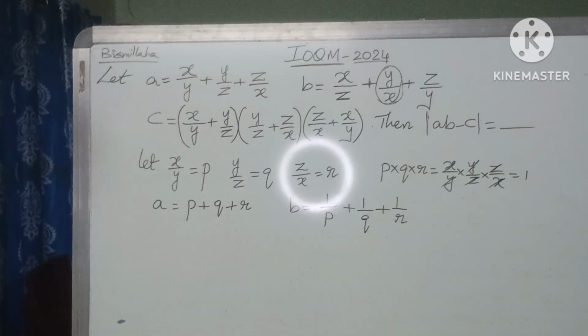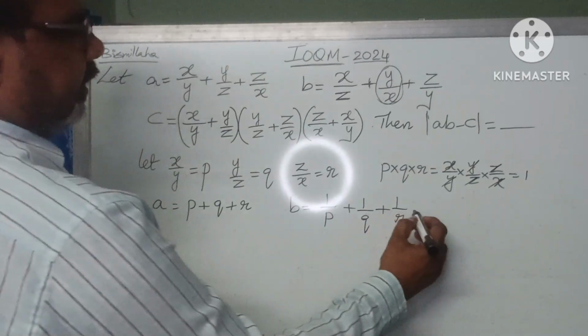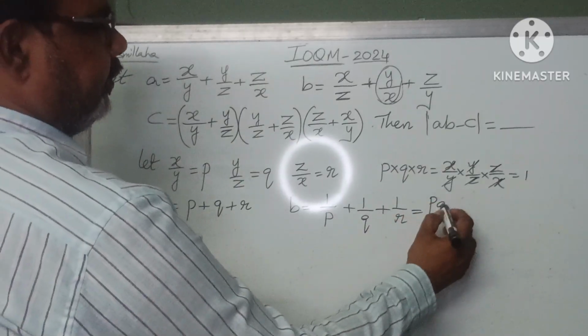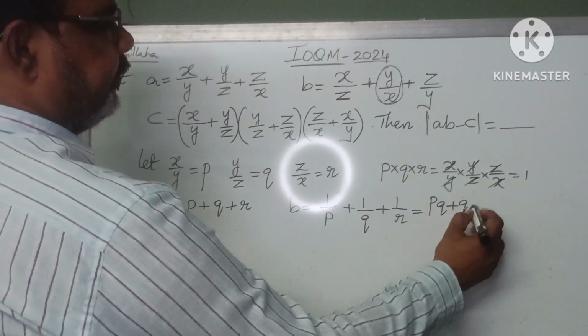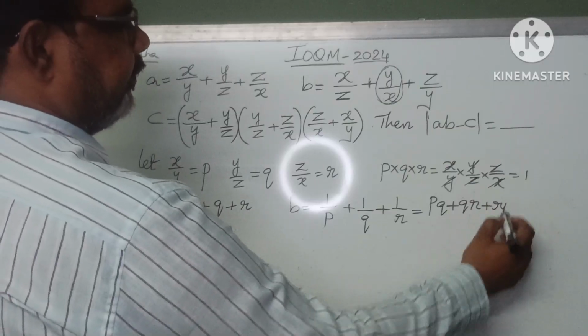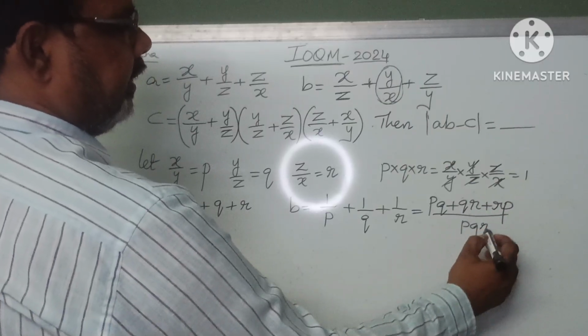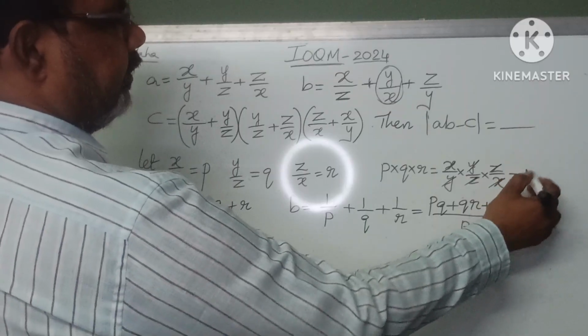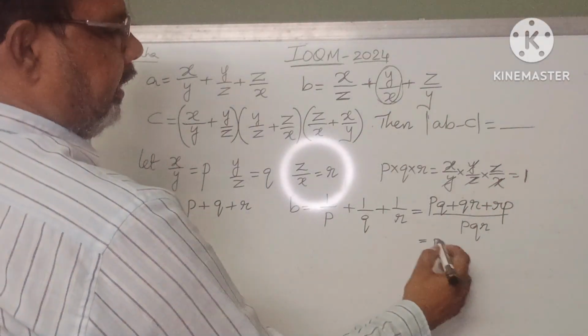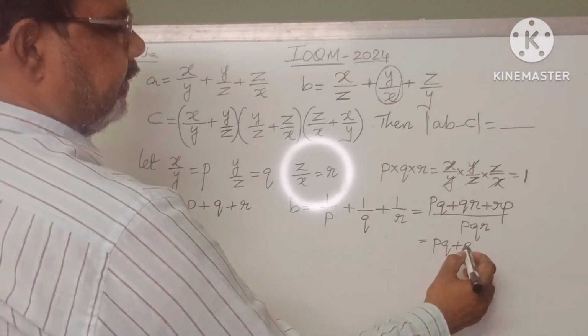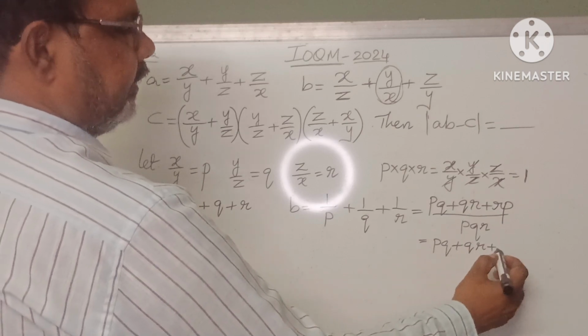Now if you take the LCM of this, here you will get pq plus qr plus rp by pqr. So already here we know that pqr value is 1. So we can write it as pq plus qr plus rp.